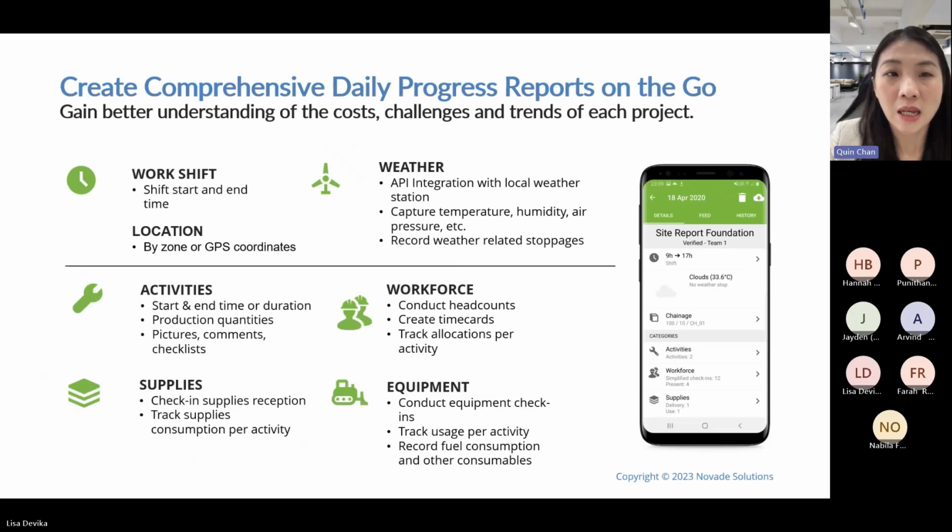So you can see on this PowerPoint, to create a comprehensive daily progress record on the go. Now everyone is using WhatsApp to communicate, whether with your families or your peers on the sites. The advantage of WhatsApp is I can communicate, I can find the person immediately, and I can send photos.